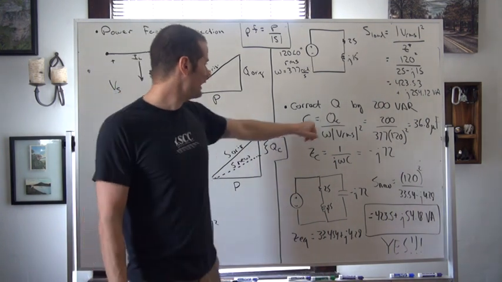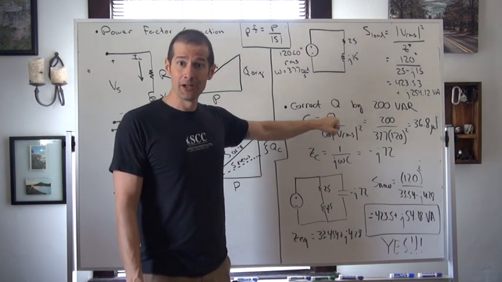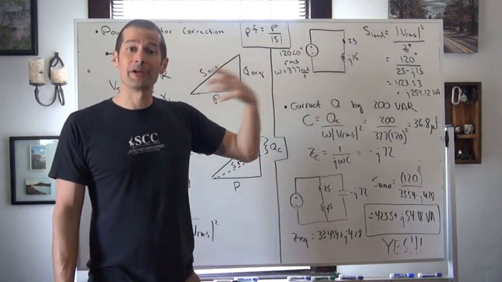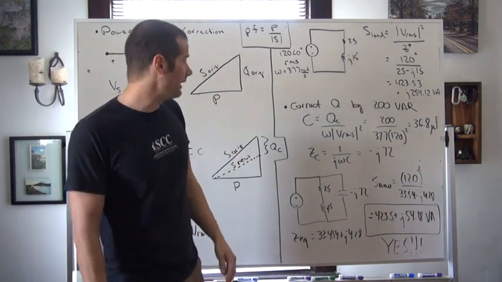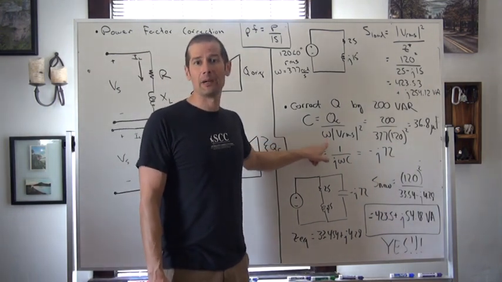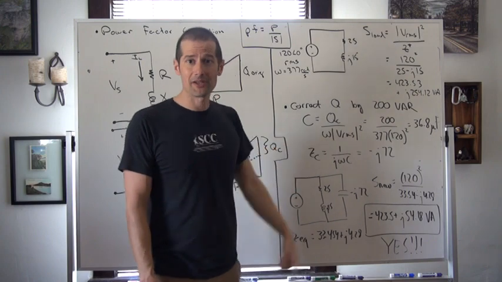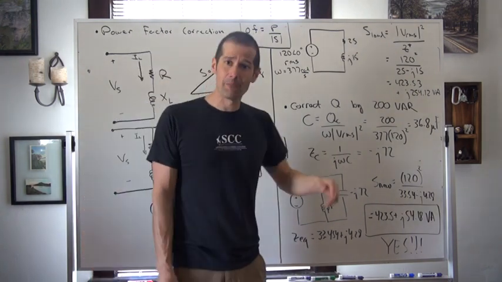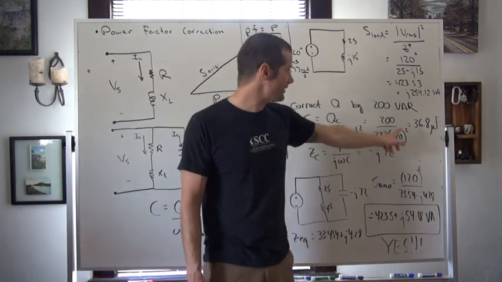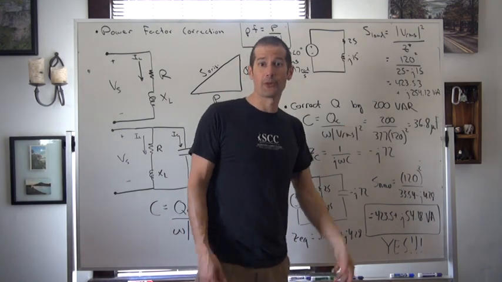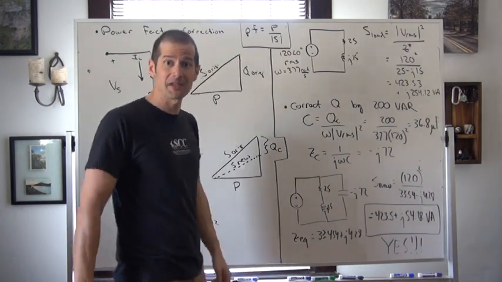And when we take QC, denoting that 200 var as the reactive power we're going to correct by, and divide that by the absolute value of V RMS squared multiplied by 377 radians per second, we get a capacitive value of essentially 36.8 microfarads, or 36.8 times 10 to the negative 6.